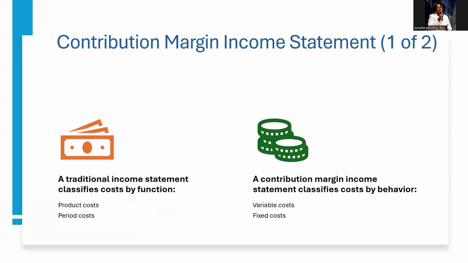The traditional income statement format may not always provide sufficient information for managers, okay? So to address this, a contribution margin income statement is used. It categorizes costs based on their behavior. You have your variable costs and your fixed costs.